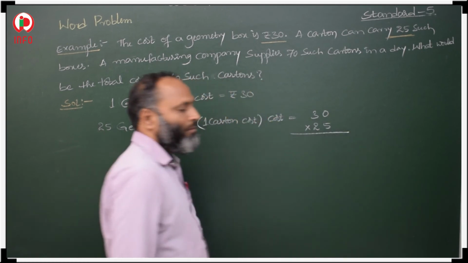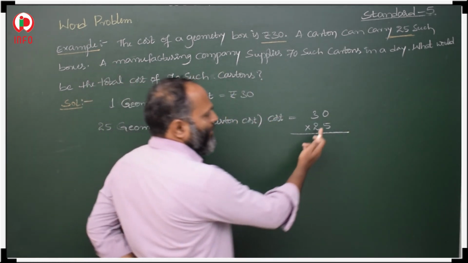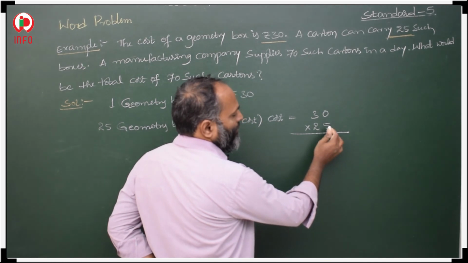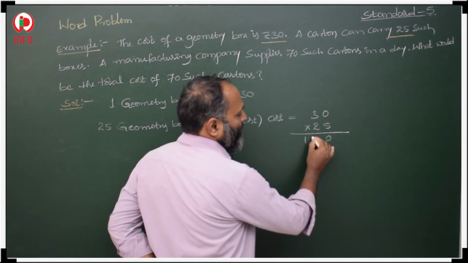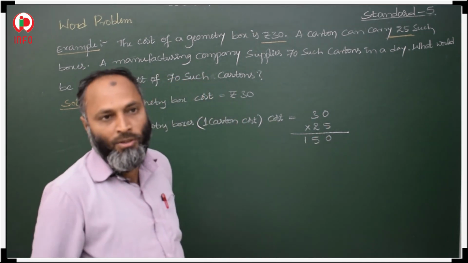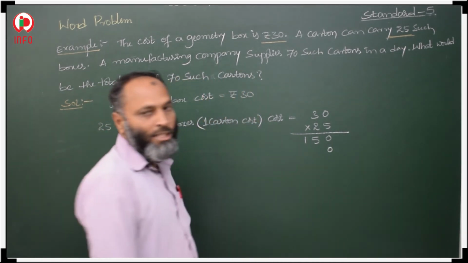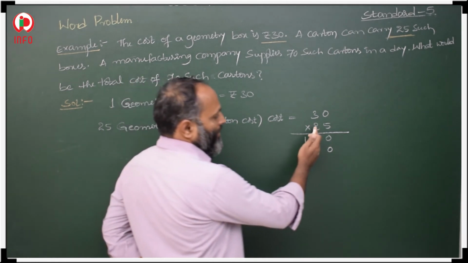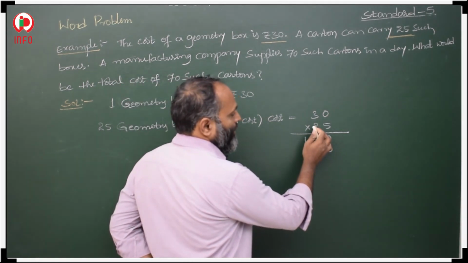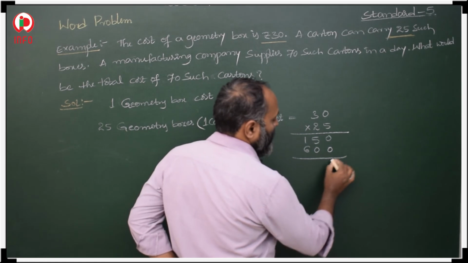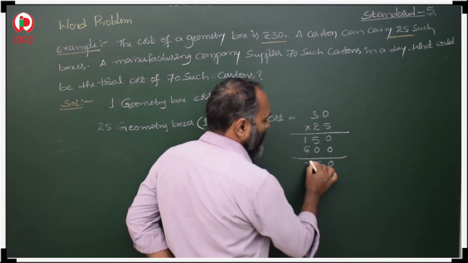Multiply with 5 first. 5 times 0 is 0, 5 times 3 is 15. Now with 2. The 2 is in the tens place, so we keep 0 in the ones place. Then start multiplication: 2 times 0 is 0, 2 times 3 is 6, so 0, 5, 7.